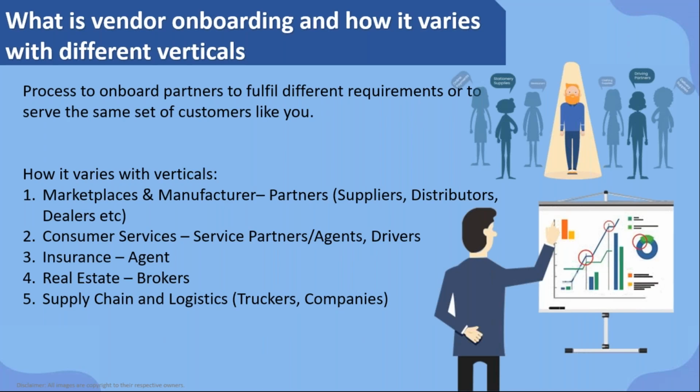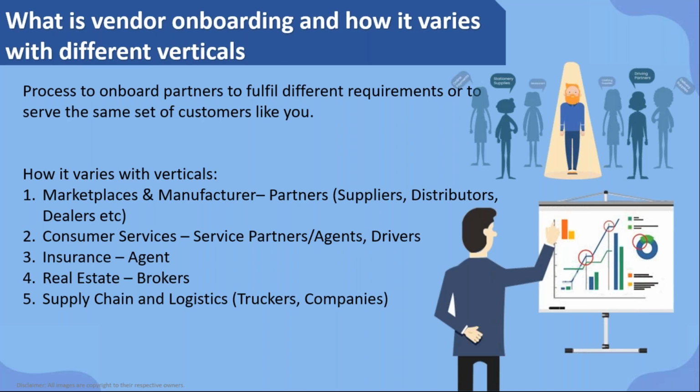So we'll talk about what a vendor is. A vendor is basically a supplier, it can be a distributor, or it can be a partner to you, a merchant who partners with you to serve the same set of customers, and that will derive value on your behalf. In layman's language, it can be a person who is delivering the newspaper at your doorstep.